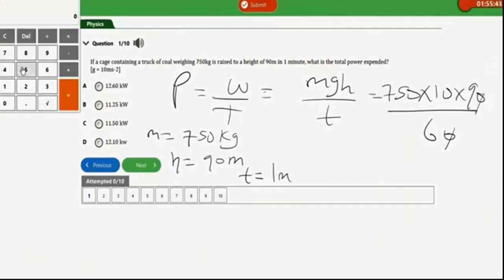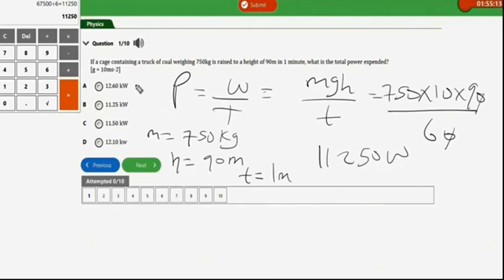So we have 750 times 10 times 9, divided by 6. The result is 11,250 watts.